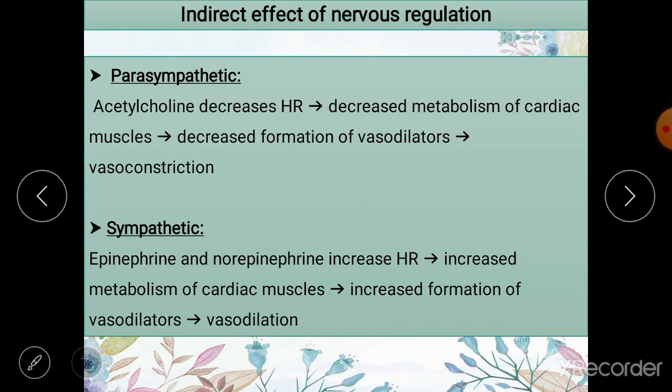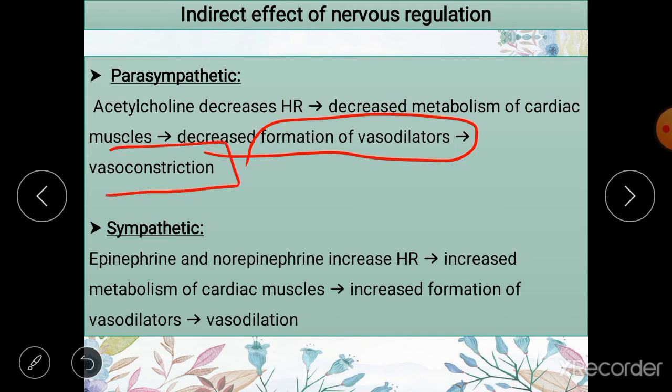When your heart rate decreases, your heart contractility will also decrease, and this will decrease the metabolism of your cardiac muscles. जब हार्ट ज़्यादा काम ही नहीं कर रहा तो उसके मसल्स का मेटाबॉलिज्म भी डिक्रीज हो जाएगा. The oxygen demand will decrease, and the vasodilators which are being produced will also decrease. When there is decreased formation of vasodilators, there is going to be potent vasoconstriction.